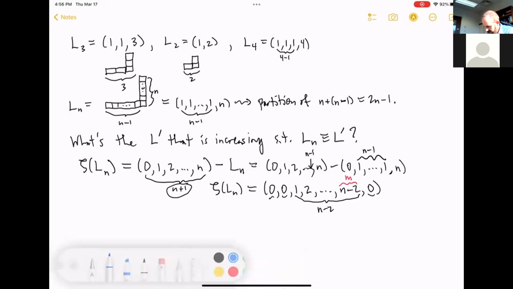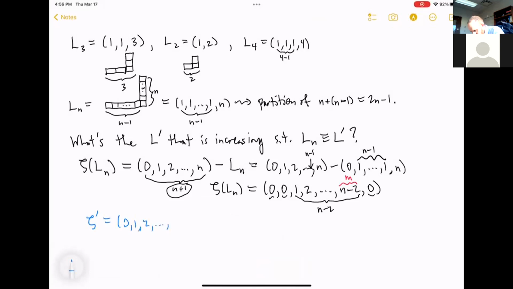What do we get? Well, zeta prime is going to be 0, 1, 2, all the way up through m. What is m? M is n minus 2. And then how many entries are left? Well, I already used 1 zero, and now there's just 2 more zeros at the end here.